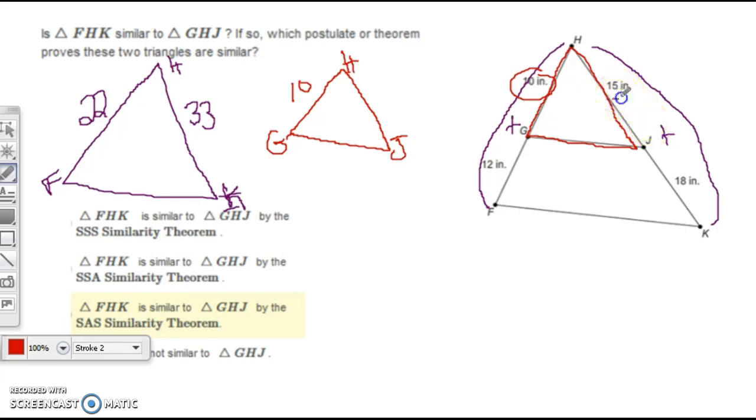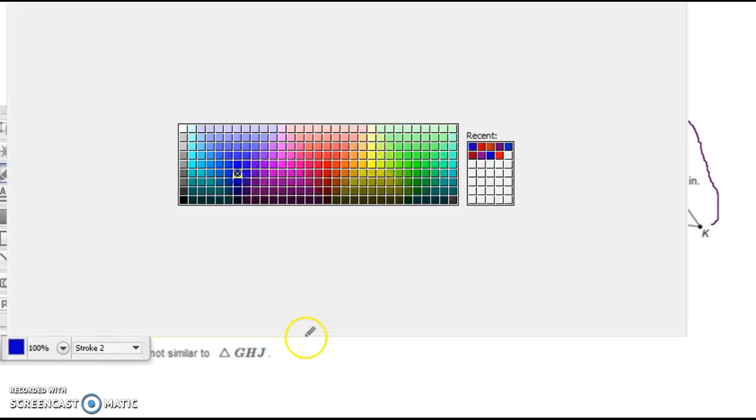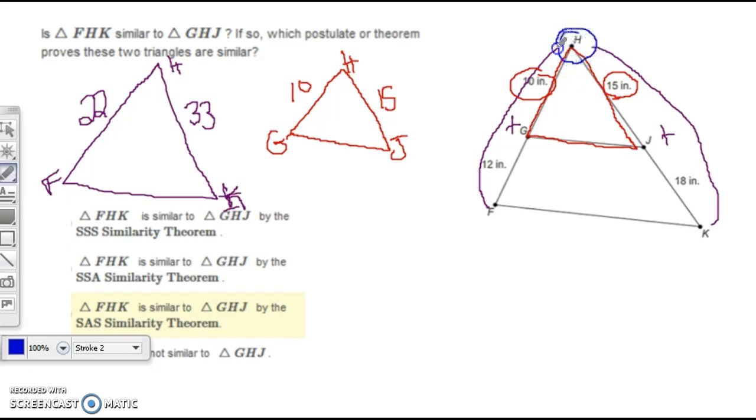And from H to J, I know that side length is 15 inches. And so now I need to decide if they're similar. Well, one thing that's kind of hidden is that they both share point H. So I know that angle H is congruent to angle H because it's literally the exact same angle.